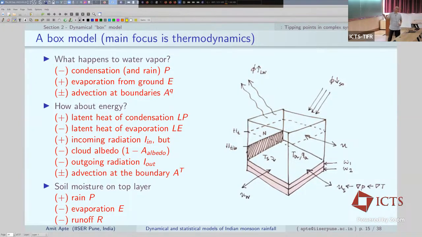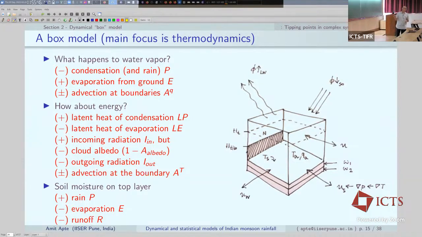So condensation clearly is extremely important. The condensation of water vapor into clouds is what causes the latent heat release, which is what drives the whole cycle of convection and so on. In addition, the evaporation from the ground is crucial because the rain falls and then the water evaporates within the same season. That is quite important. And as I said, advection at the boundaries, the flux from the boundary. That's for the water vapor or moisture.